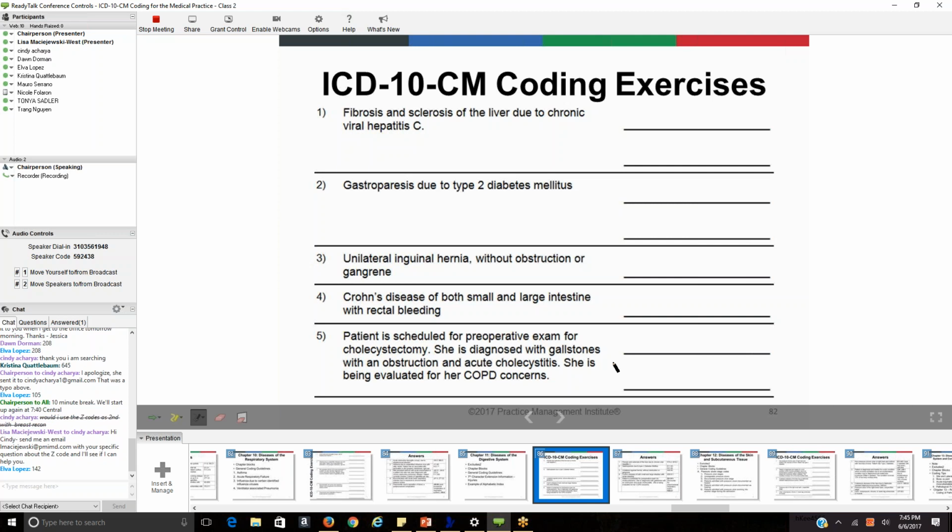Let's see what we can see under sclerosis. And if not, we'll look up liver. Page 142.